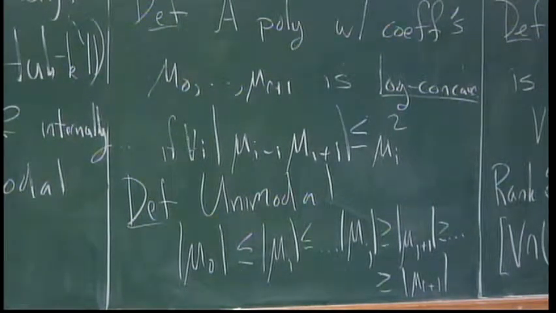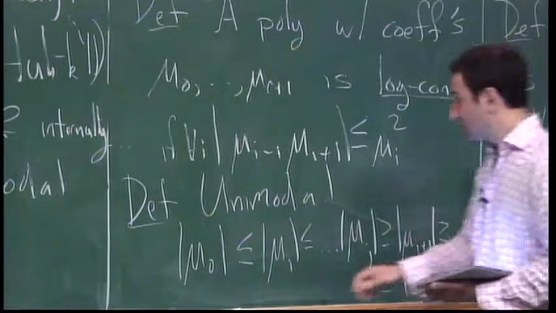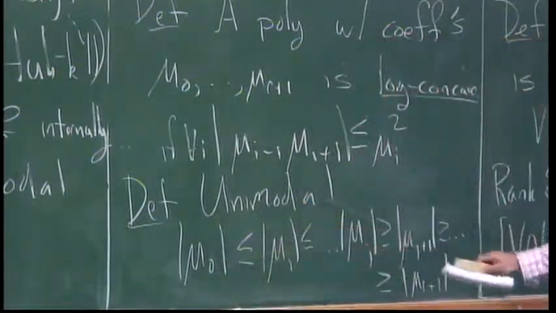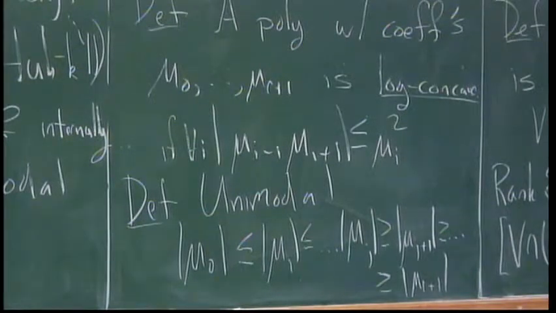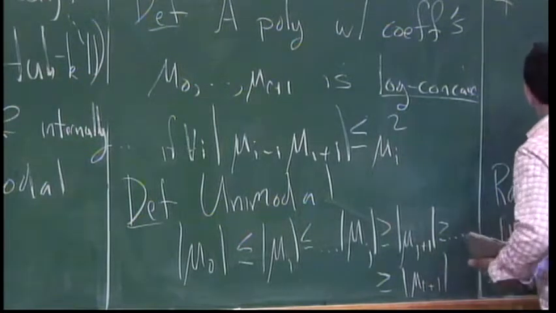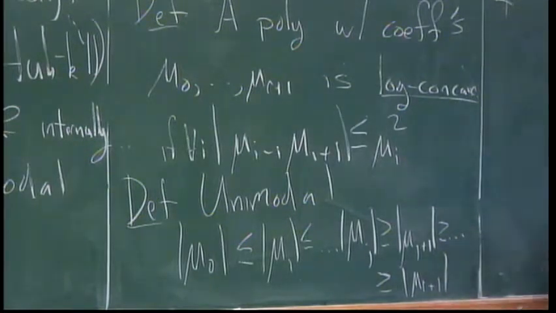We don't know that the mu i's are necessarily symmetric. In fact, they aren't. But we know that in a non-strict sense, they increase, maybe stay the same for a while, and then they decrease. And the original motivation of this was a conjecture about chromatic polynomials of graphs.